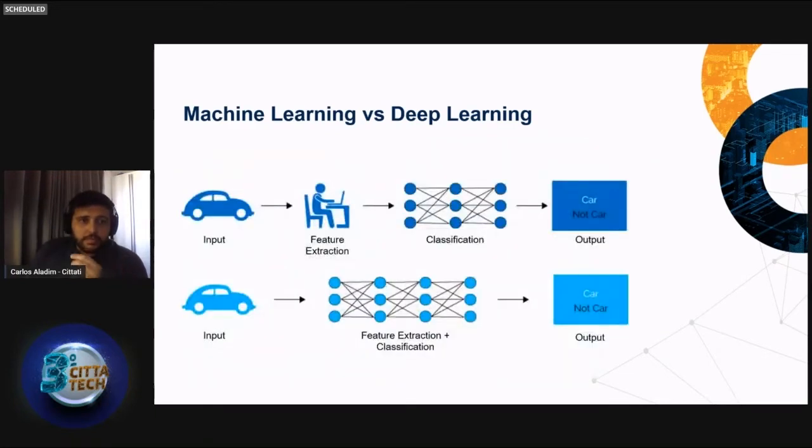To show an example, the process will be something like this. You have an input that is a car, and you will have an analyst dictating what features are going to be extracted from this car, and we will have an artificial neural network doing this classification, and then we have the output, whether it's a car or not a car.